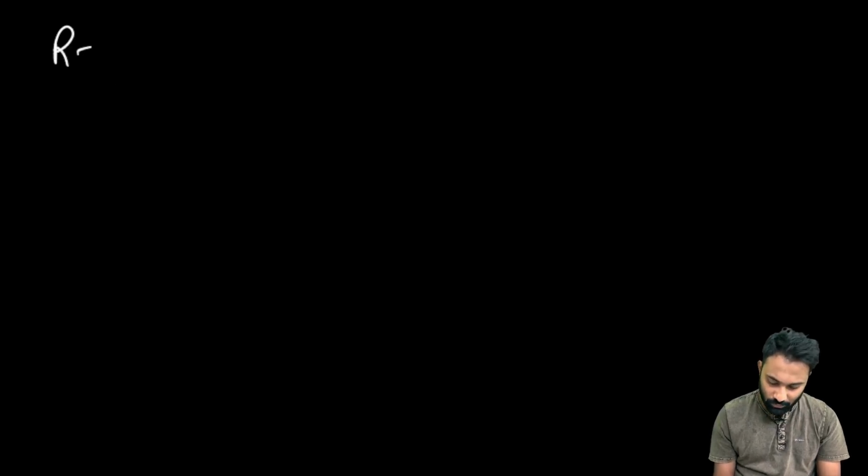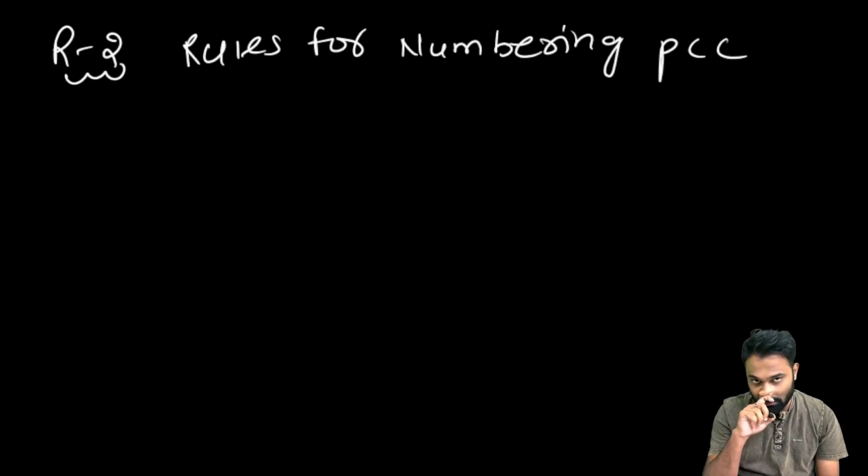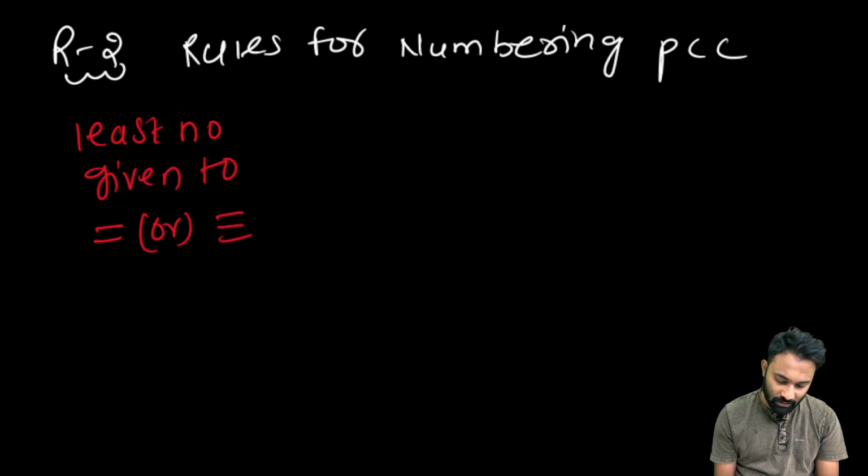Now, rule number 2. What is rule number 2 saying? Rules for numbering the PCC. How to give the numbering for the PCC? First, the least number is given to the double bond or triple bond if that is present in the compound.